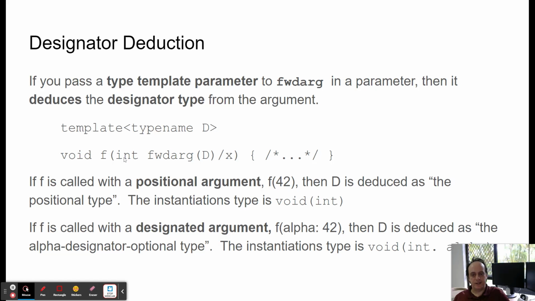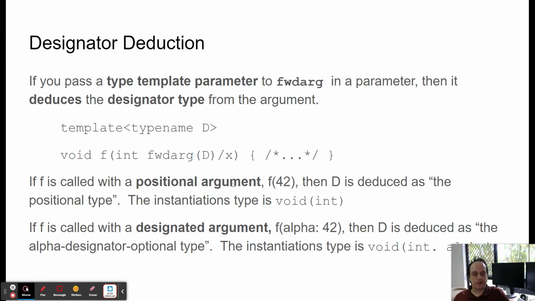And what will happen is that when this function template is instantiated, the instantiation's parameter kind and name will be based on the argument that is passed.